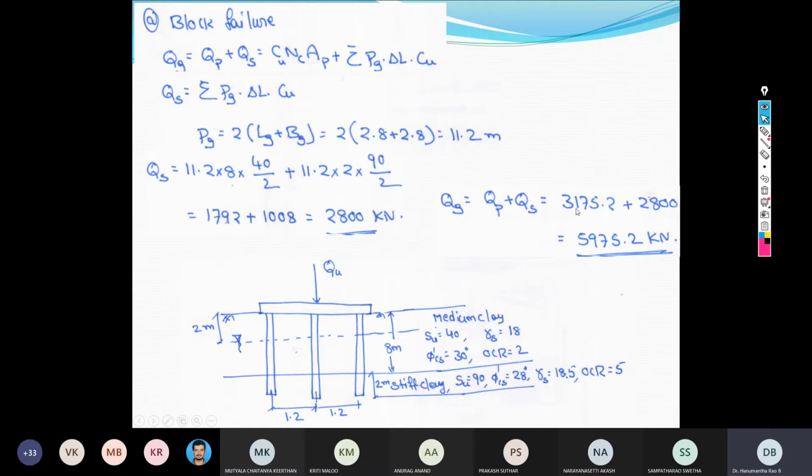Qp is calculated as 3175.2 kilonewton plus Qs is 2800 kilonewton. The summation of these two is 5975.2 kilonewton. So please note down.